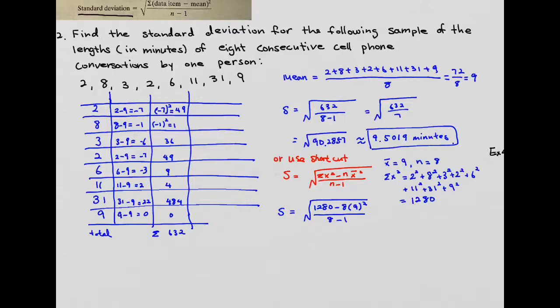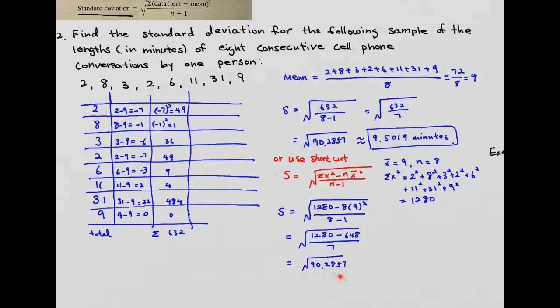And this gives you the square root of 1,280 minus 9 squared times 8, which is 648, divided by 7. And this is going to give you somewhere close to the square root of 90.2857. And if you wanted to compare that with the other work we had, it's exactly the same value.